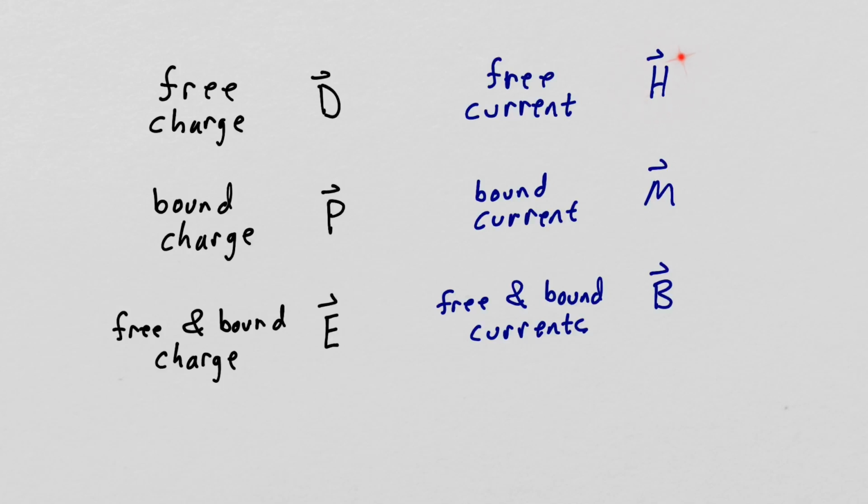These bound currents in materials will generate a new magnetic field, the magnetization. And magnetic flux density will be due to both free and bound currents. Again, we're seeing similarities between electric fields and magnetic fields, but also differences. Free charge is leading to a flux density, whereas free currents is leading to a magnetic field intensity.